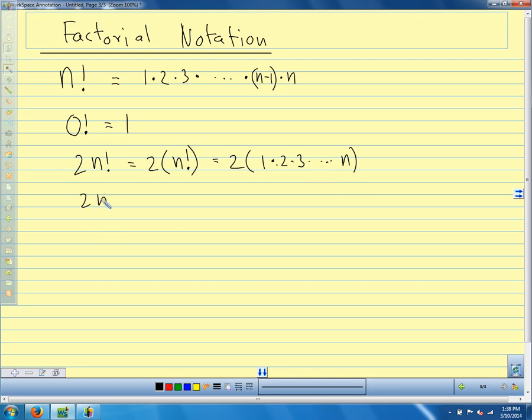Whereas 2n quantity factorial is 1 times 2 times 3 times ... up to 2n minus 1 times 2n. So all the numbers between 1 and 2n multiplied together. Here we do the parentheses first and then the factorial.